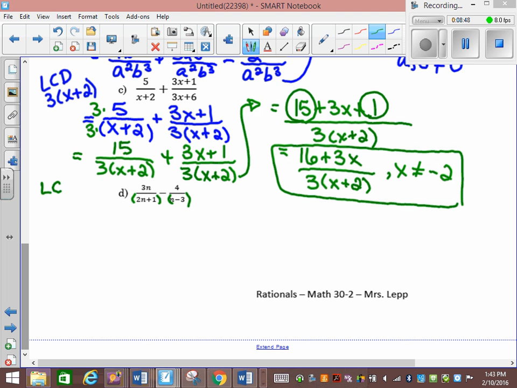So the lowest common denominator is going to be 2n plus 1 times n minus 3. If they have nothing in common, you have to multiply them by each other if they're binomials, okay? Because I can't take anything out of one or the other to make them look the same.